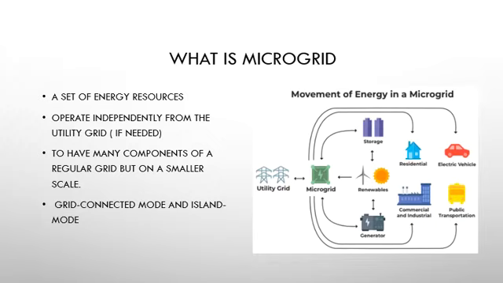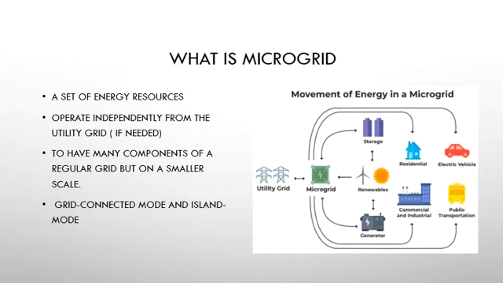A microgrid has many of the components of a regular grid, but on a smaller scale. A microgrid can connect and disconnect from the grid to enable it to operate in both grid connected and island mode.